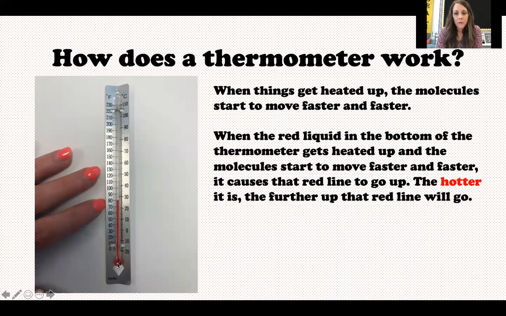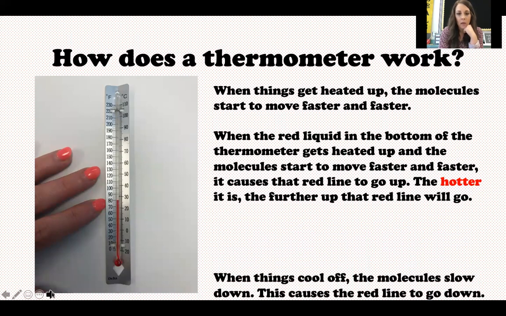When the red liquid in the bottom of the thermometer gets heated up and the molecules start to move faster and faster, it causes the red line to go up. The hotter it is, the further up that red line will go. All right, do you see this? So when this part down here gets heated up, the molecules inside start moving and moving and moving, and that causes this red line to go up.